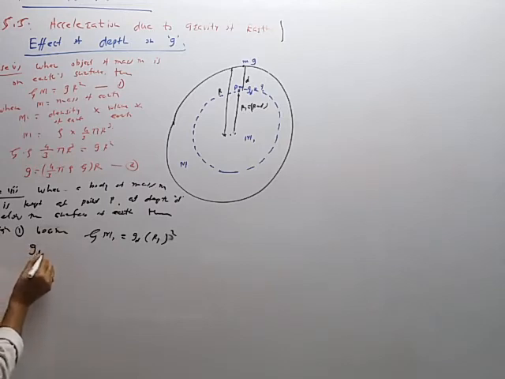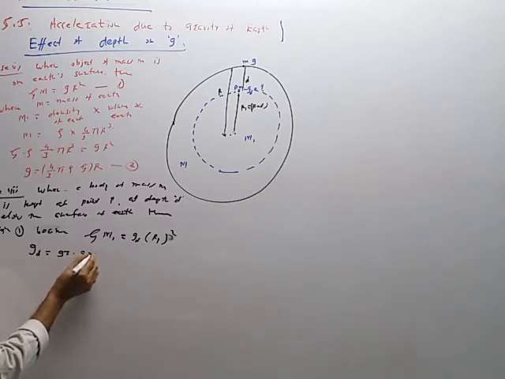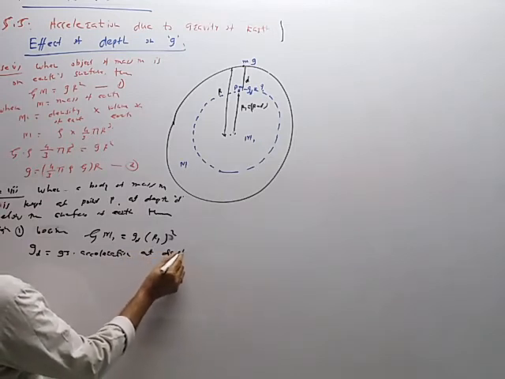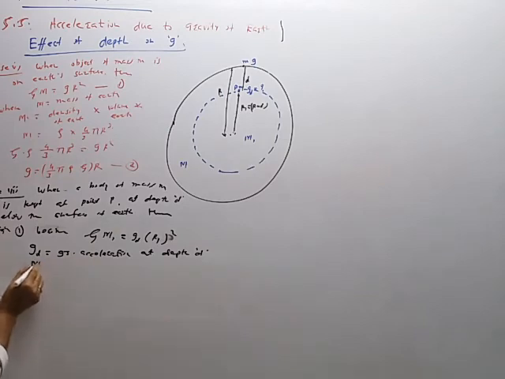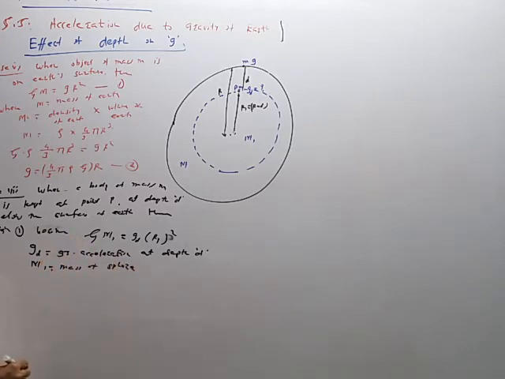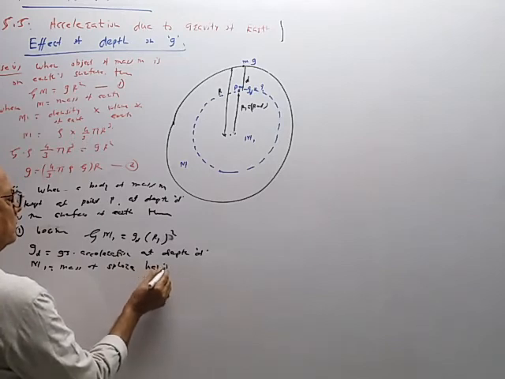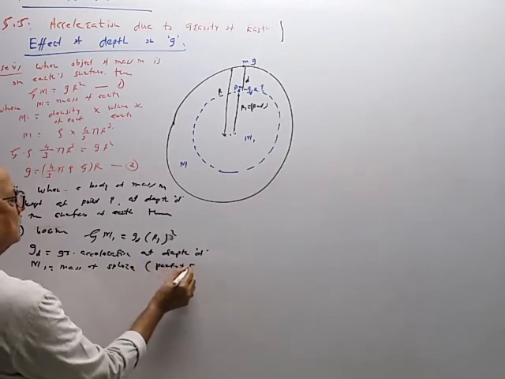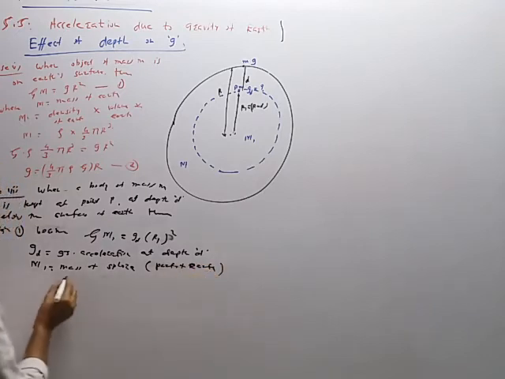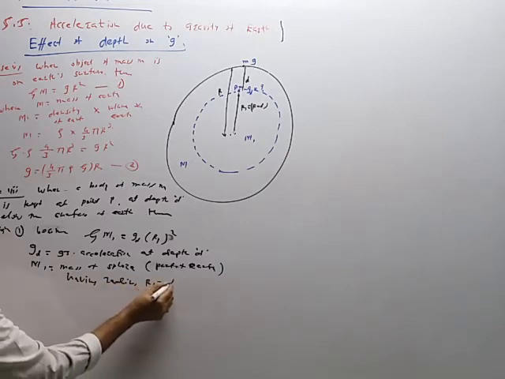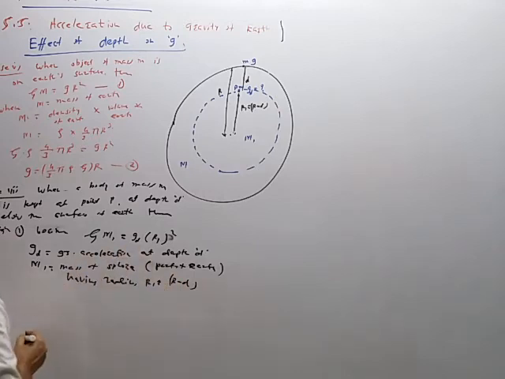gd is equal to gravitational acceleration at depth d. m1 is equal to mass of the sphere that is part of the earth, having a radius r1 equal to r minus d as shown in the figure, and therefore m1 is equal to density multiplied by volume.